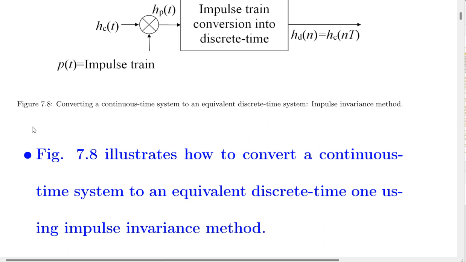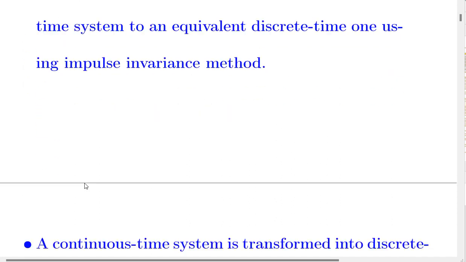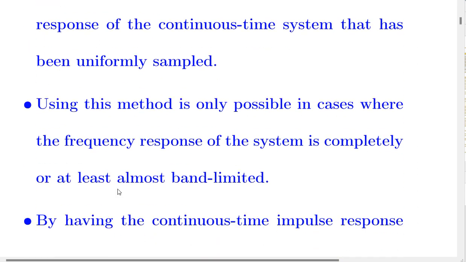Okay? Now, the above figure illustrates how to convert a continuous time system to an equivalent discrete time one using the impulse invariant method. A continuous time system is transformed into discrete time in such a way that the impulse response of the discrete time system is equal to the impulse response of the continuous time system that has been uniformly sampled.